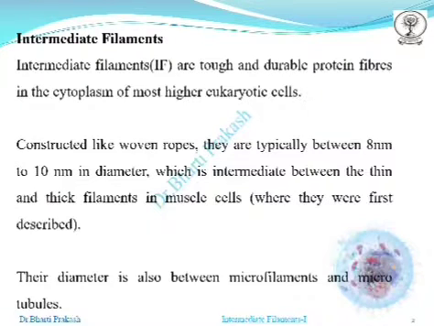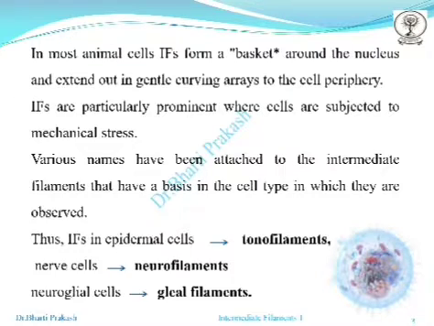Intermediate filaments are one of the three types of cytoskeletal elements, and they are tough and durable protein fibers. Constructed like woven ropes, they are typically between 8 to 10 nanometers in diameter, which is between the microfilaments and the microtubules.